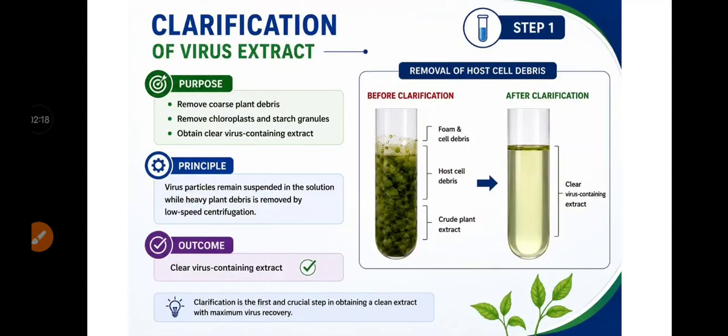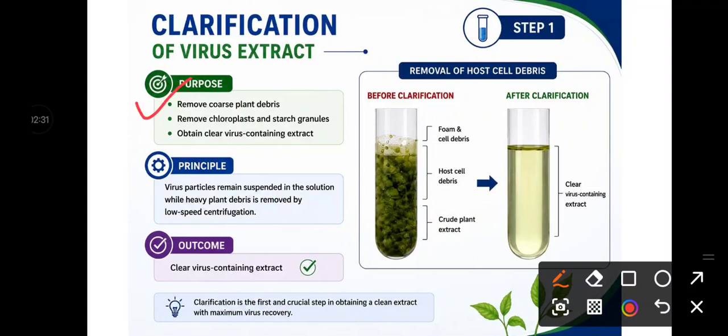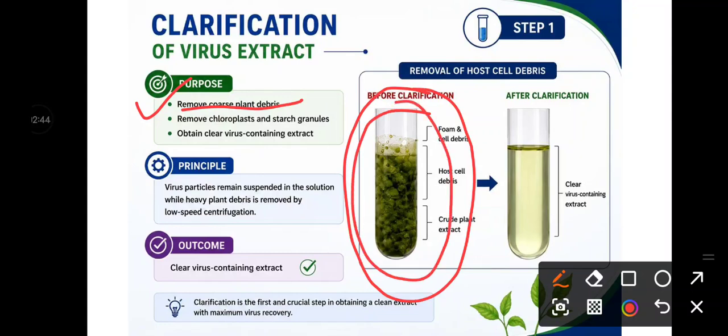First one is clarification of the virus extract. What is the purpose? The first purpose of this clarification is to remove the coarse plant debris. After the extraction of plant virus from the infected samples, we got this type of crude extract.